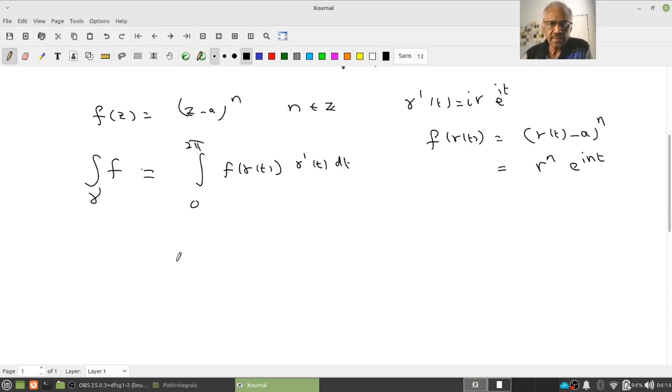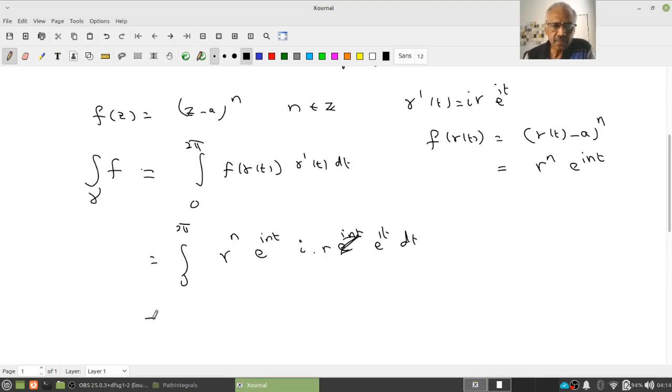Okay, very good. So this is the integral from 0 to 2 pi of r to the power n e to the power i n t, times i r e to the power i t dt. This is gamma prime t.